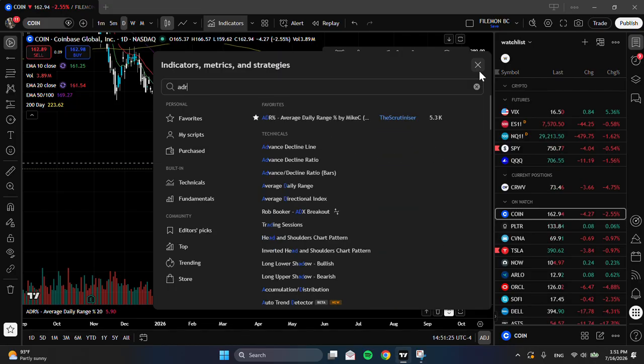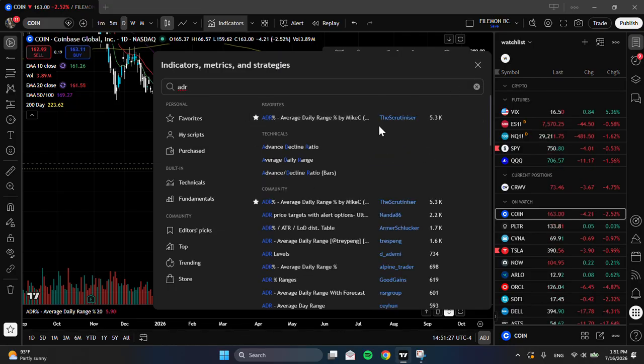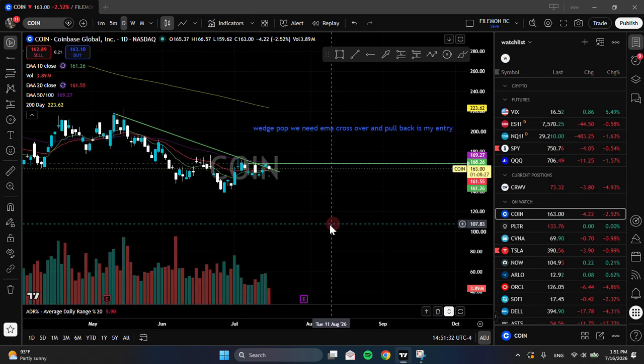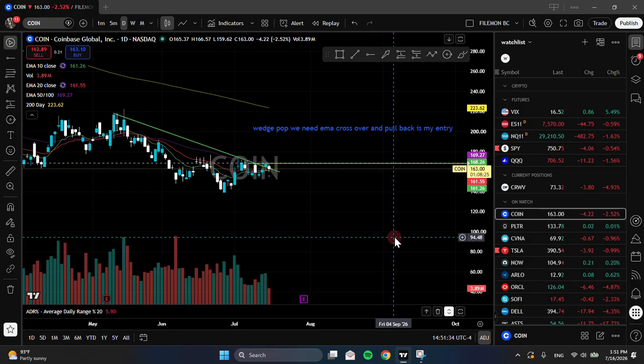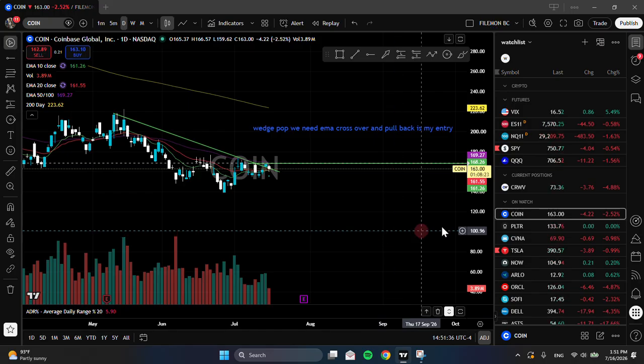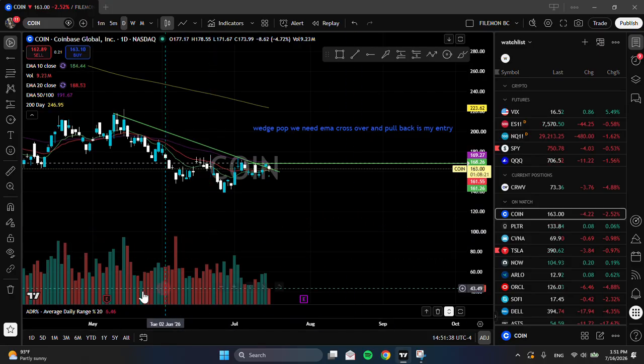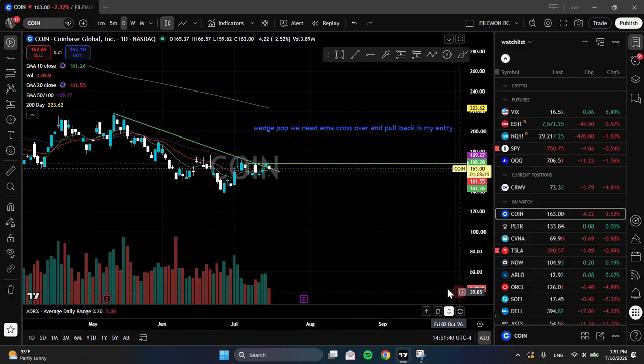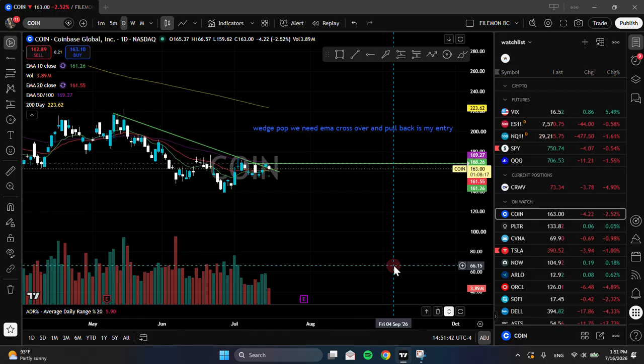You go to ADR, average daily range. Click that one. This is the one I have. So what is the ADR? It tells you how much the stock moves in a day. For Coinbase, the ADR is pretty much a 6 because it's a 5.90. So this stock moves about 6% on a day-to-day basis. So that's really, really good.